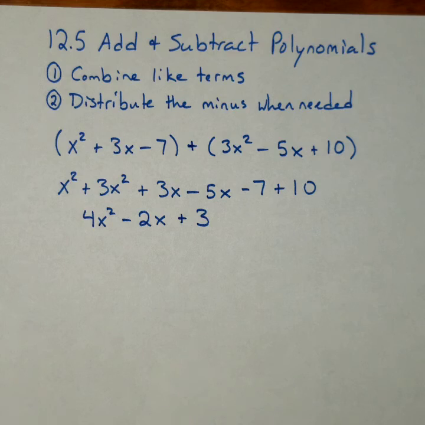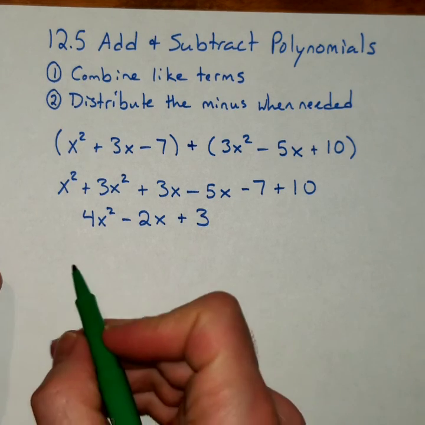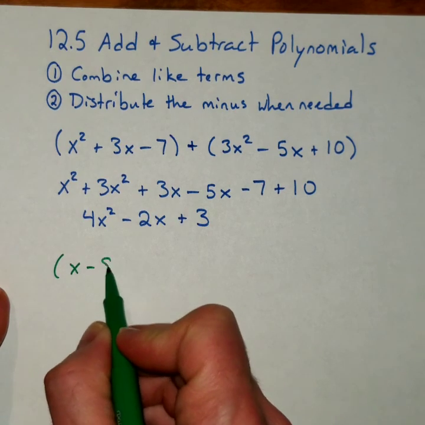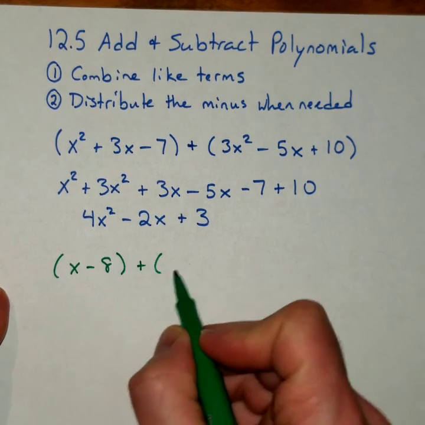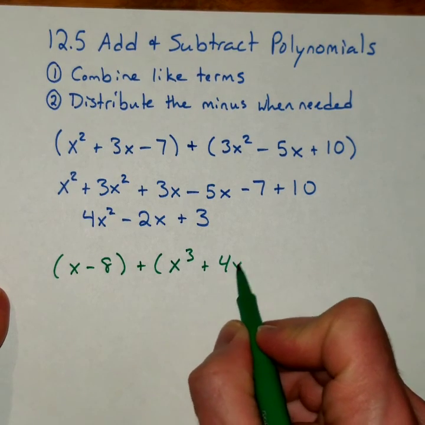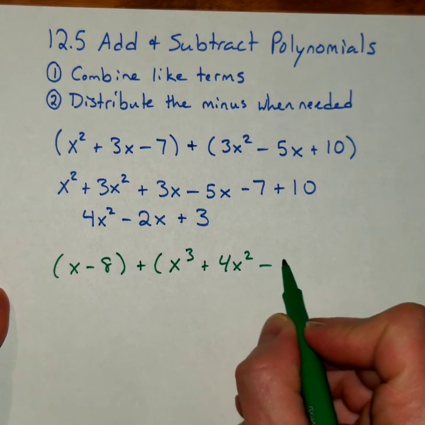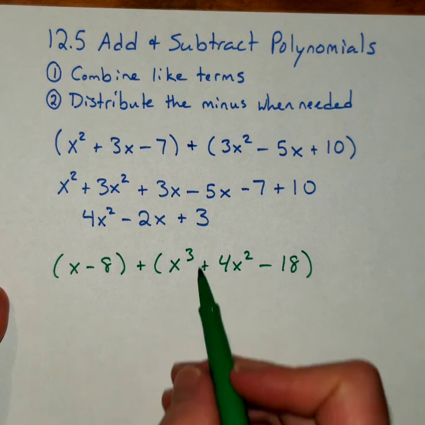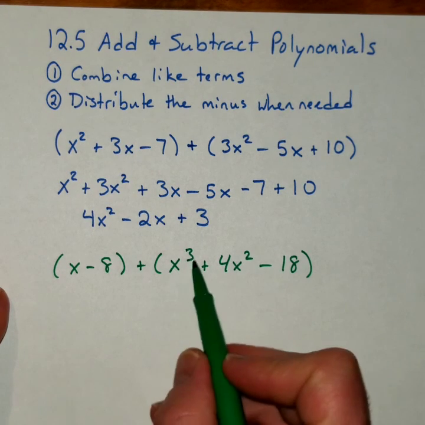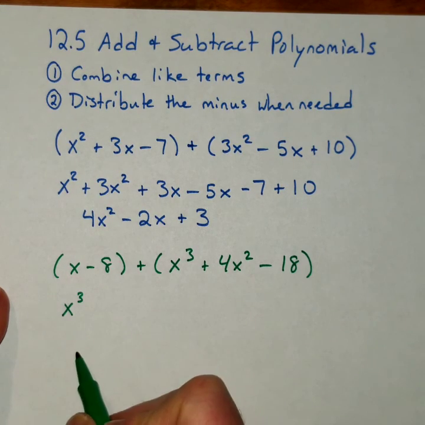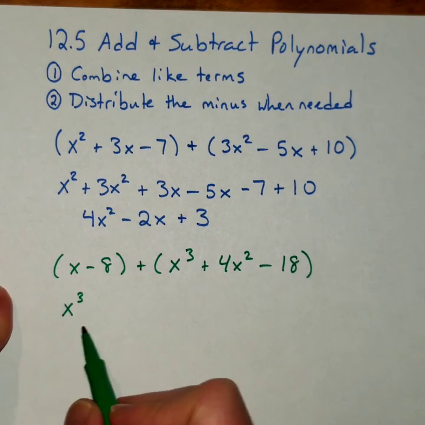All right, let's take a look at another example. Something like x minus 8 plus x to the third plus 4x squared minus 18. Again, we're going to be looking to combine like terms. Anything with an x cubed, I'm going to separate that off first. There's only one term like that.